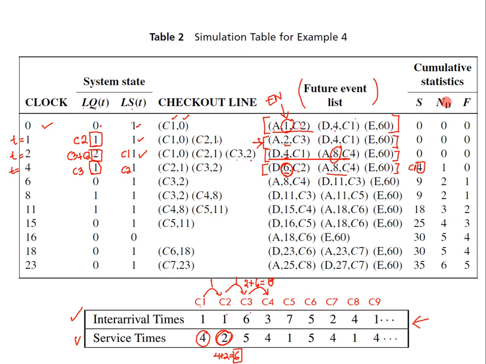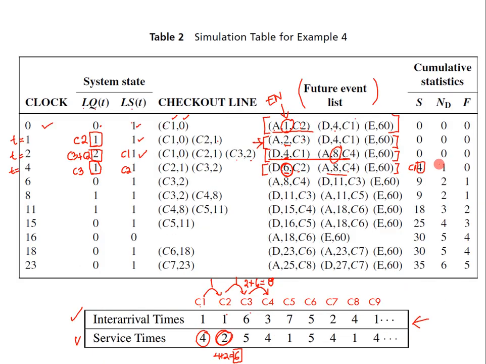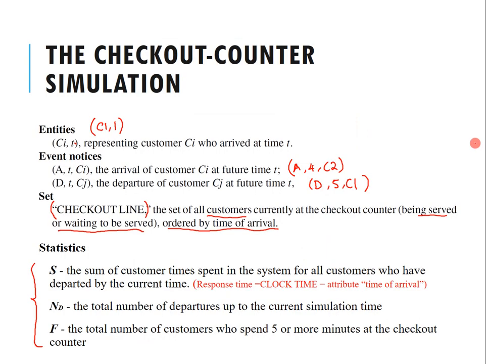Number of customers, what was ND? Total number of departures up to the current simulation time. The total number of departures is now only 1, this is customer 1 only. So the number of customers who departed the system is only 1. F, what is F?